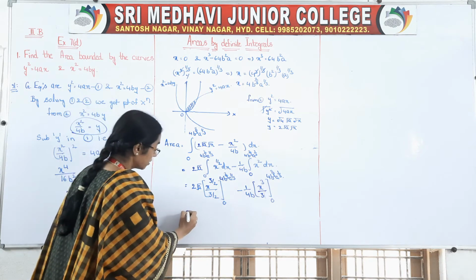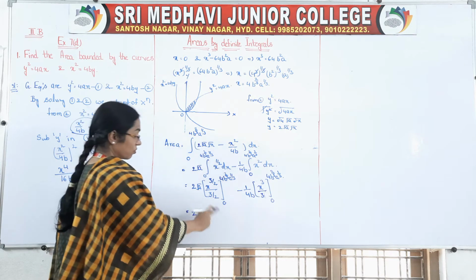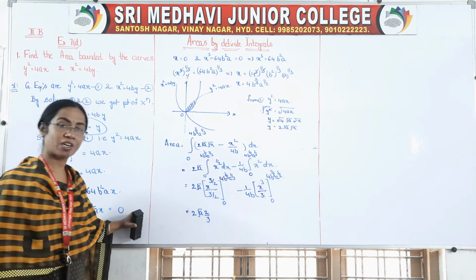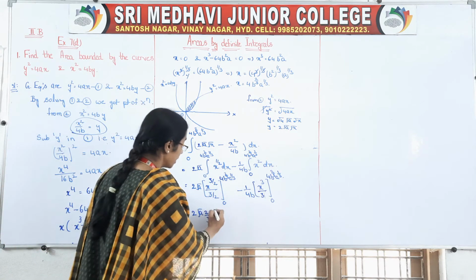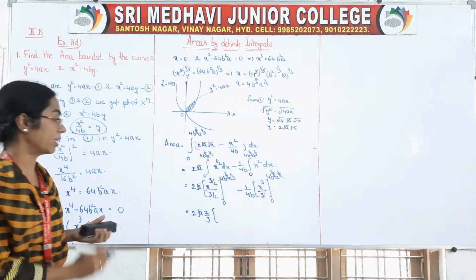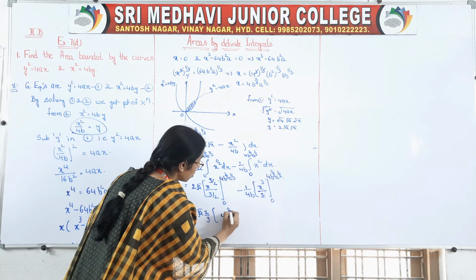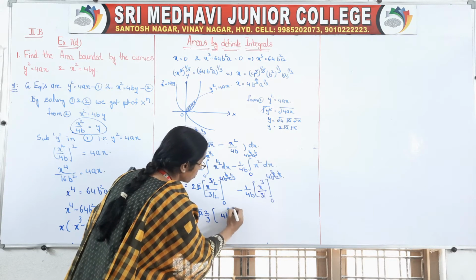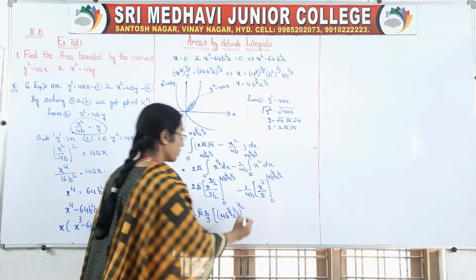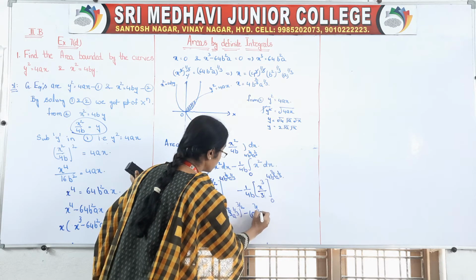So it is equal to 2 into root a. This is constant, so we can take it outside, and the upward curve, it will be reversed, right? Now in x place, first the upper limit, then the lower limit. So x here is 4 b to the power of 2 by 3 a to the power of 1 by 3, whole to the power of 3 by 2, minus 0 to the power of 3 by 2.